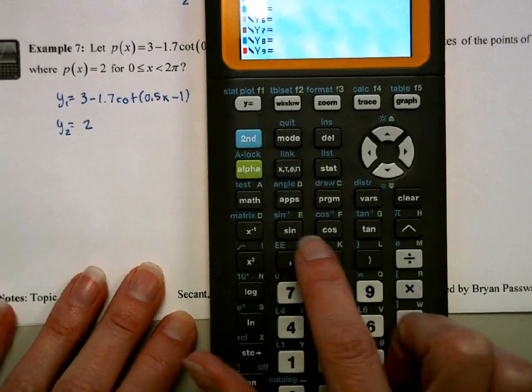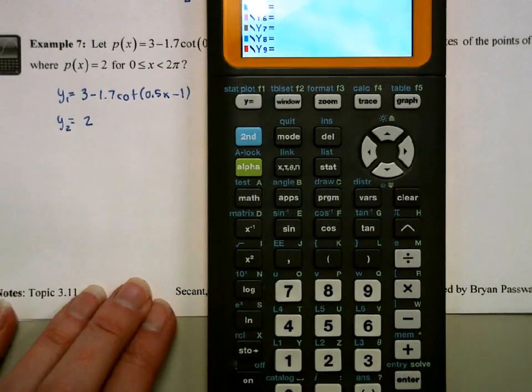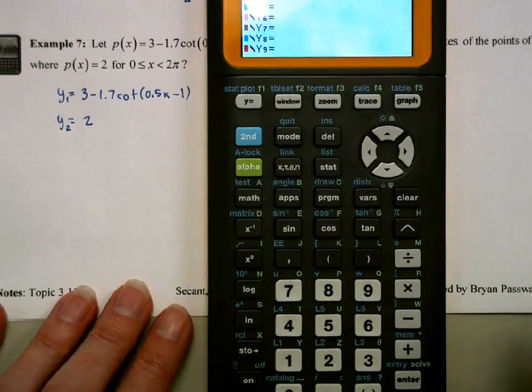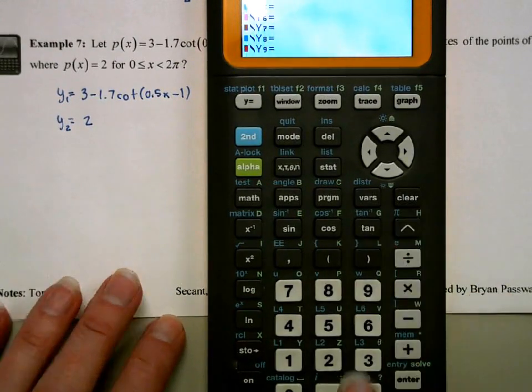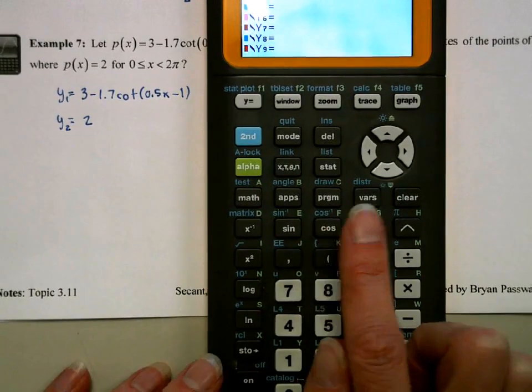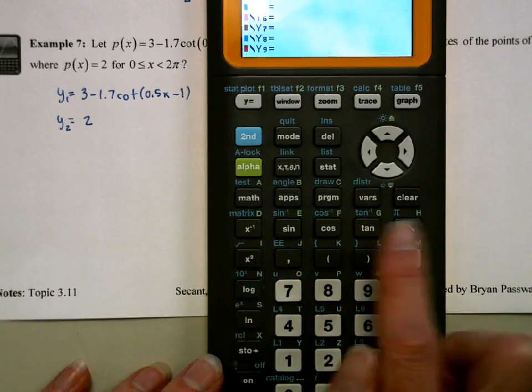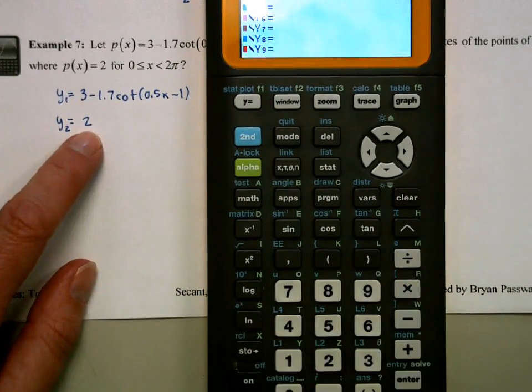So we're going to have to use the reciprocal properties, and you have two options. The easier option is to do 1 over tangent, but that gets a little bit dicey because when tangent's undefined, cotangent is defined, so you might have some blips there. So you could do cosine over sine. For this one, since I'm setting it equal to 2, I'm not really worried about those little blips with tangent.